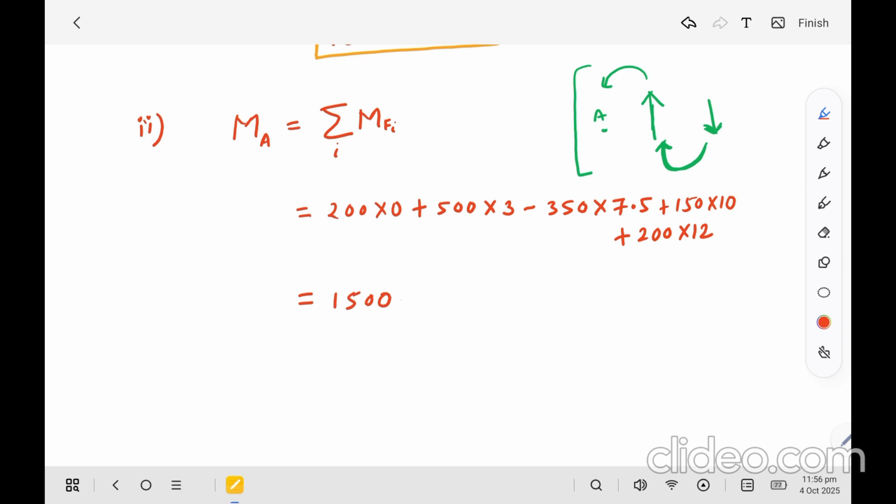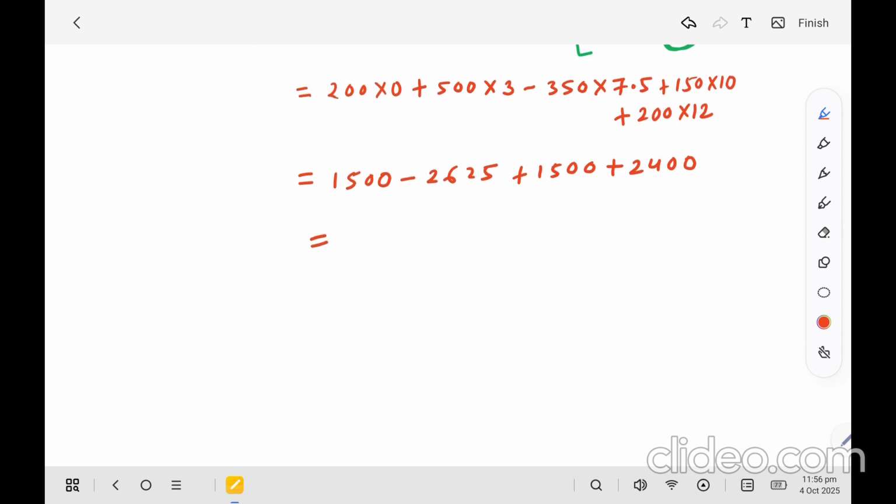After solving this, we can solve each individual term first: 1500 plus, and so on.